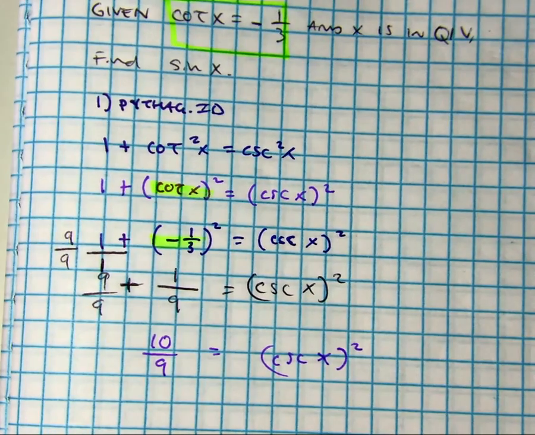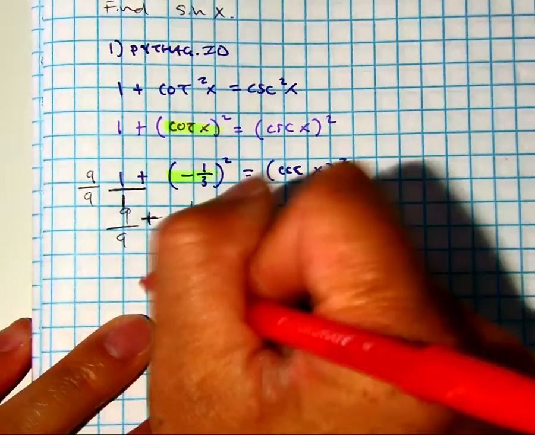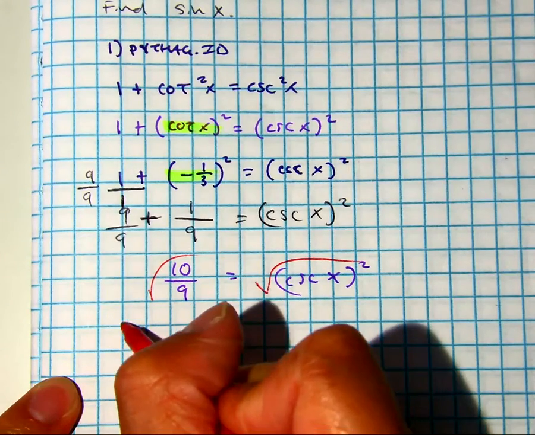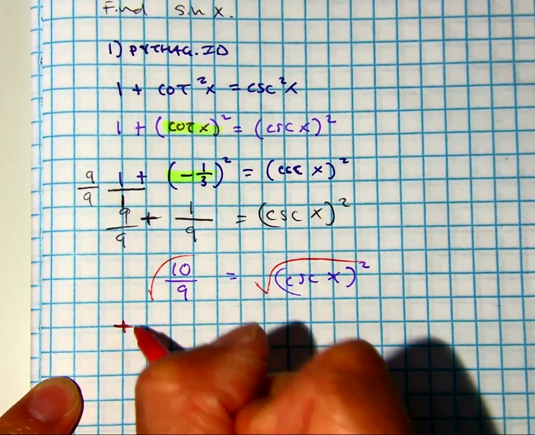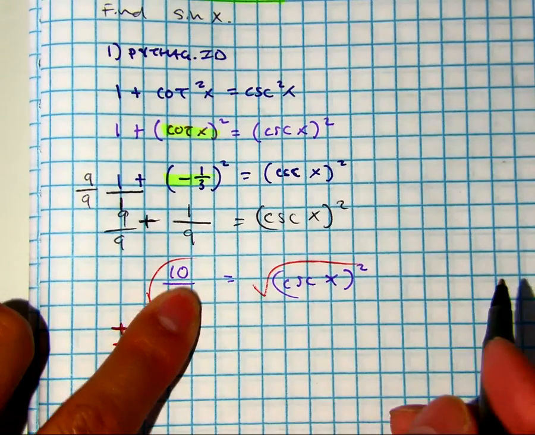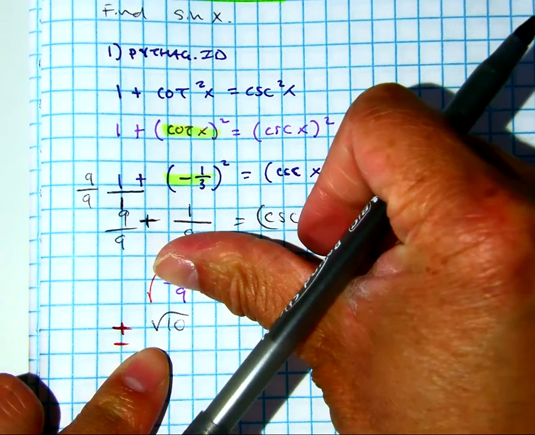Class, how do I get rid of the power of 2? Remember, if you take the square root, our answer will be what? Plus minus the square root of 10 over the square root of 9.